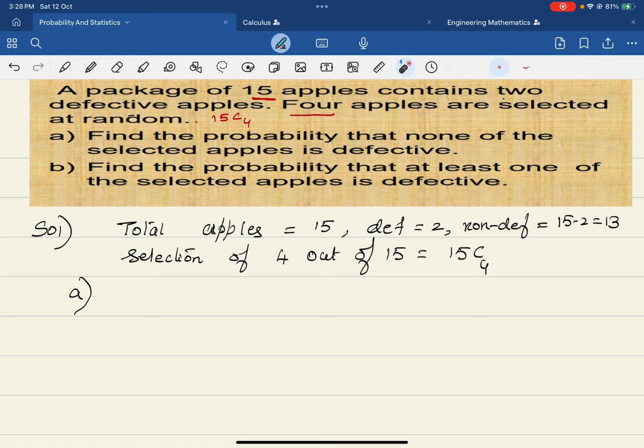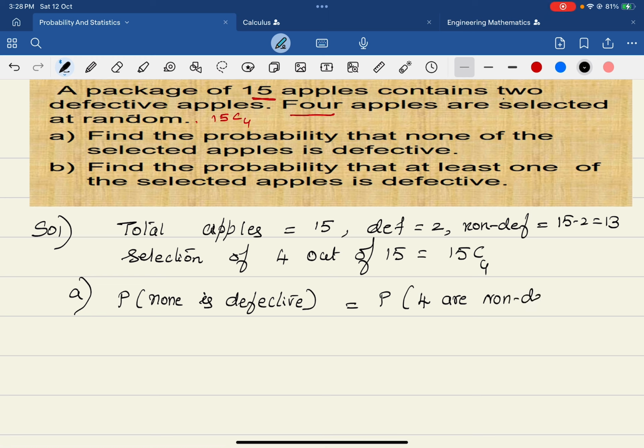Now what is the probability that none of the selected apples is defective? Now the question is, your denominator is what actually? 15C4. Now the probability of none of the apples is defective. None is defective. So that means what you are going to do? You are going to find the probability of all the 4 being non-defective, the good ones.